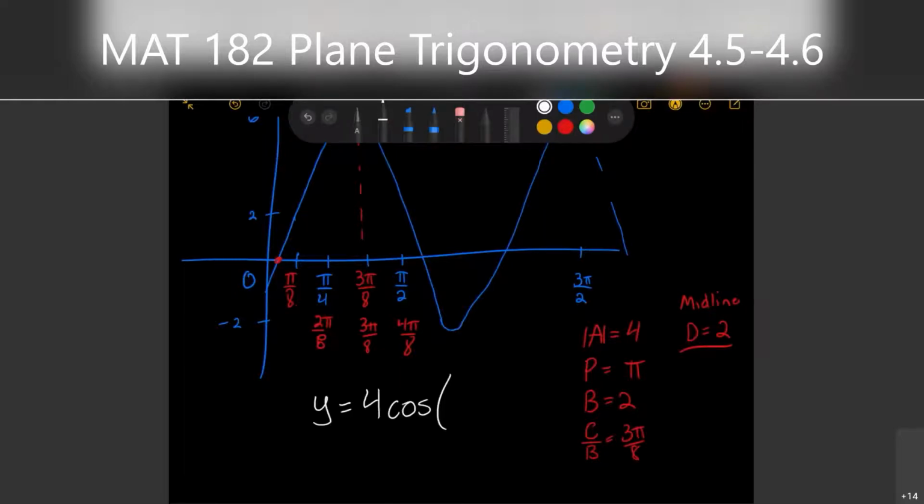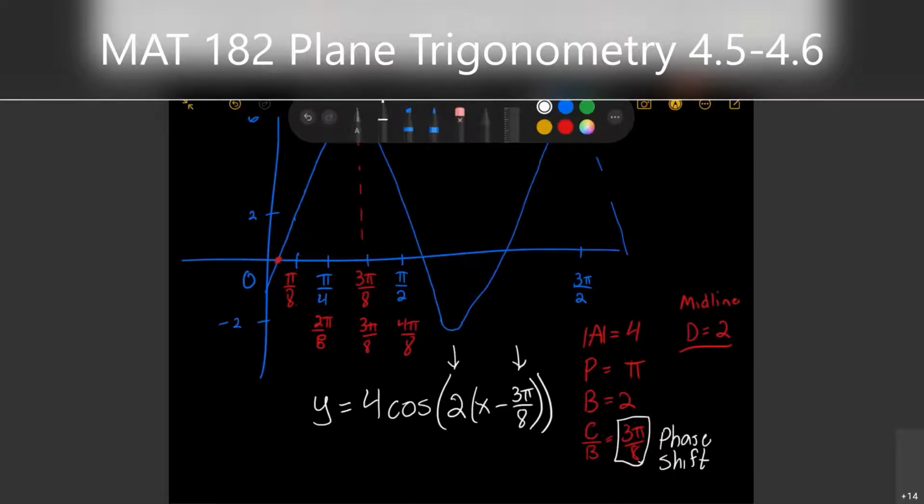So that would be another parenthesis here, and we have a shift of 3 pi over 8 units to the right. That means we're going to be subtracting that from my variable. So that would be x minus 3 pi over 8, and we'll have that double parenthesis inside. So there's my shift, my 2 for my period.